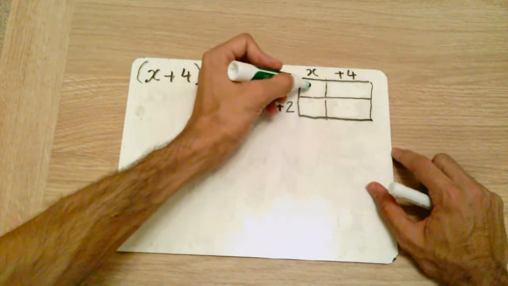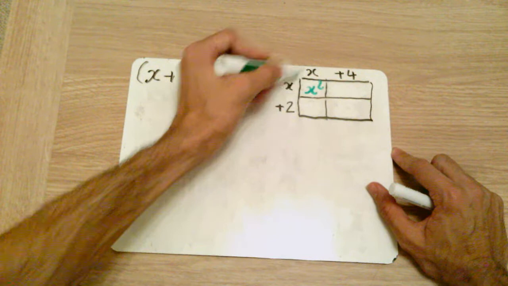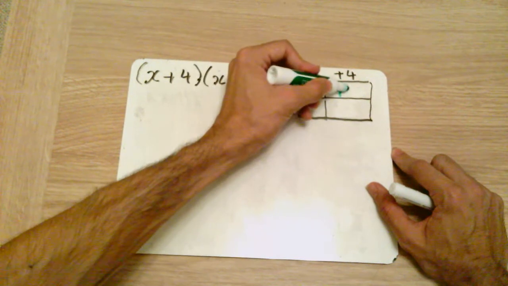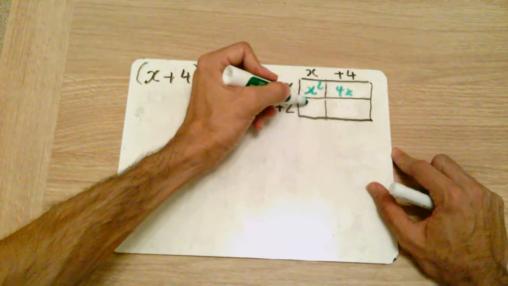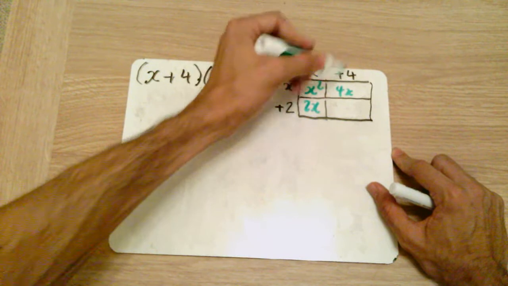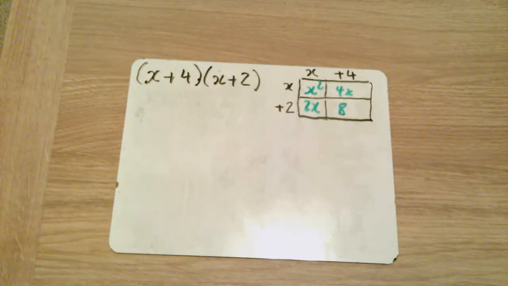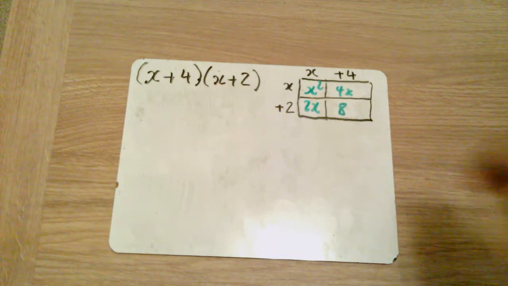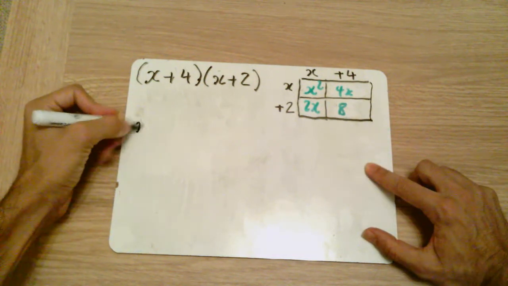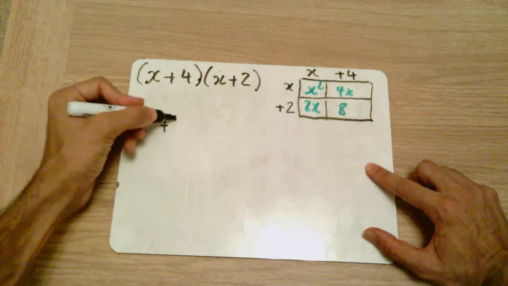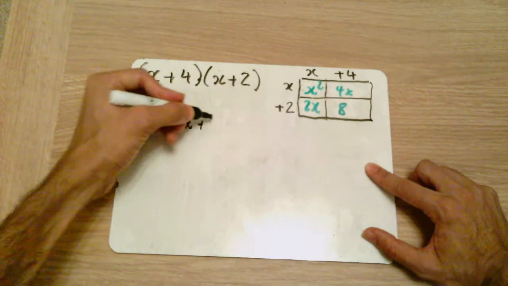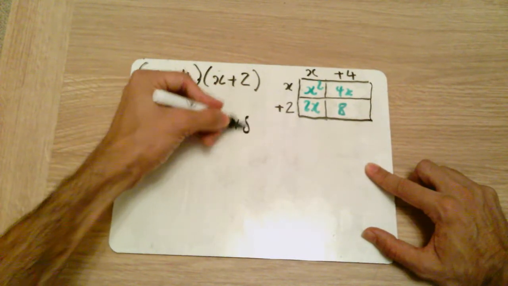So x times x is x squared, x times 4 is 4x, x times 2 is 2x, and 2 times 4 is 8. Now, whenever you expand a double bracket, you will always first start off with 4 terms. So if we write down our 4 terms, we've got x squared plus 4x plus 2x plus 8.